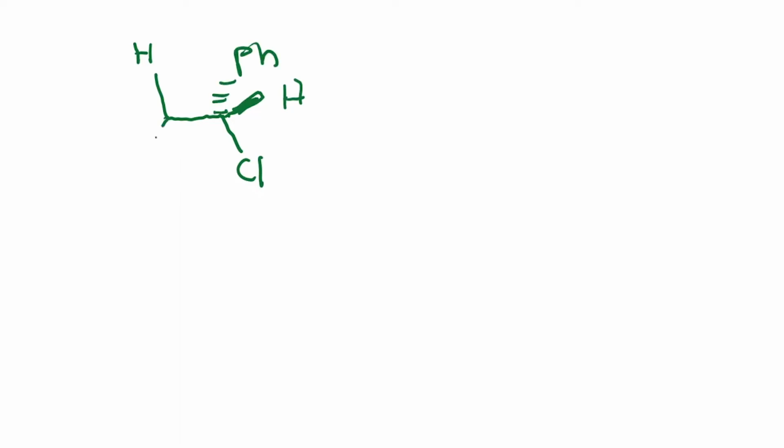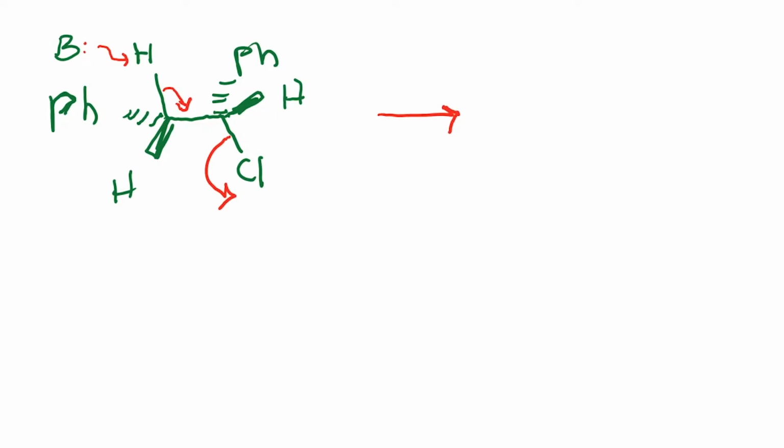And there's another hydrogen here and a phenyl here. This is basically an elimination reaction that happens in the presence of a base to give you styrene. So let's now look at this elimination from this conformer, and the base attacks here, and now this is lost and chloride is eliminated, and you get the following product.